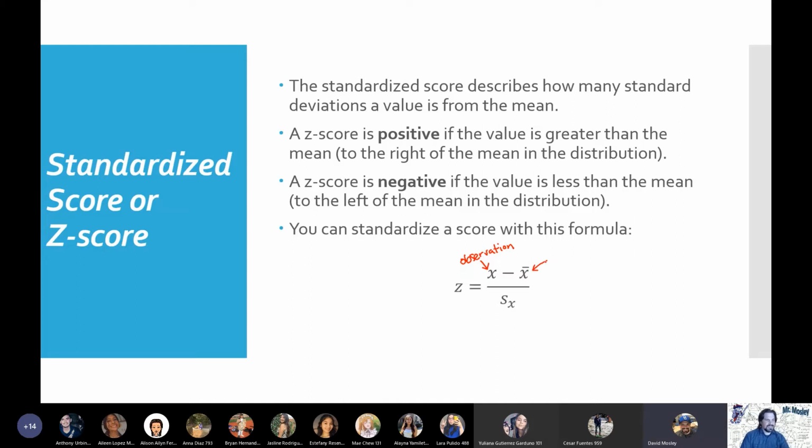X bar is the mean of the sample. And s sub x is the standard deviation of the sample.